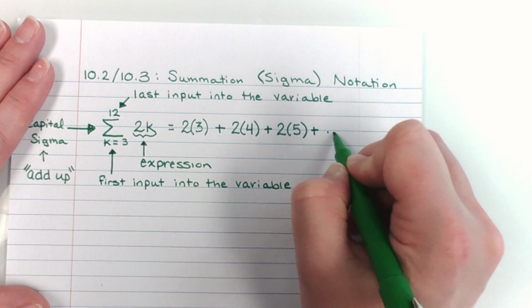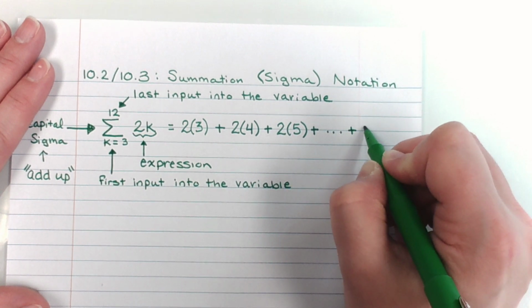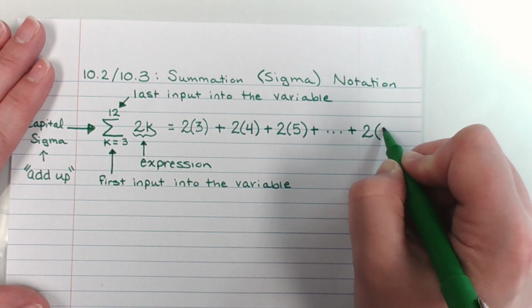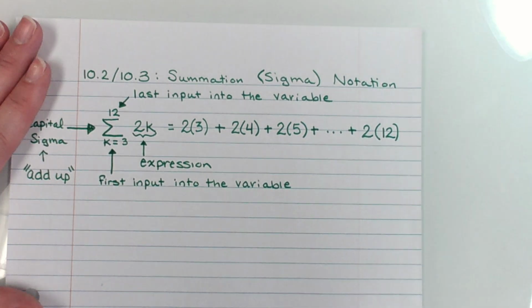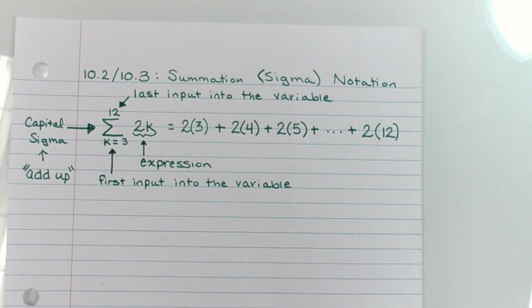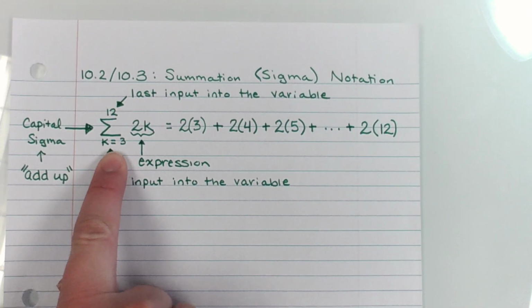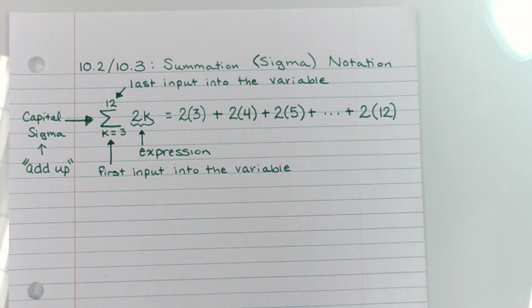Then I do my plus sign, and I keep doing this up until the last number I plug in is 12. That's how we interpret sigma notation. That's what summation notation is telling us to do: to just keep plugging in numbers, starting at this one, ending at this one, and then to go through and actually do the adding of it up.